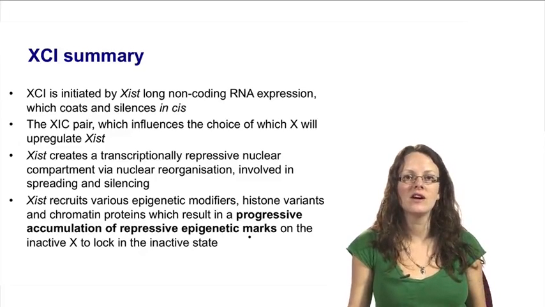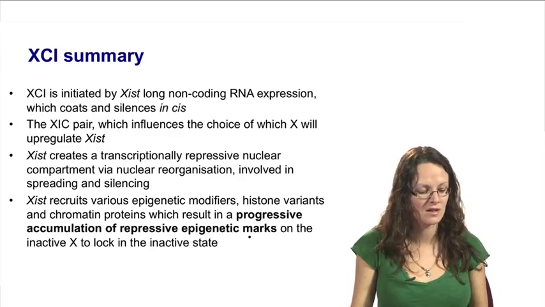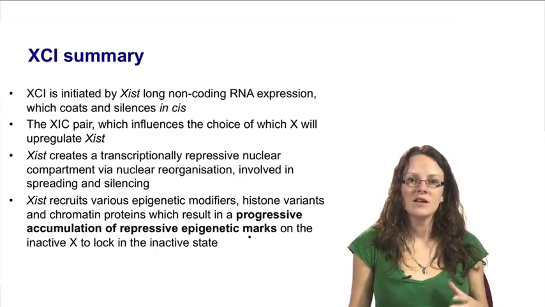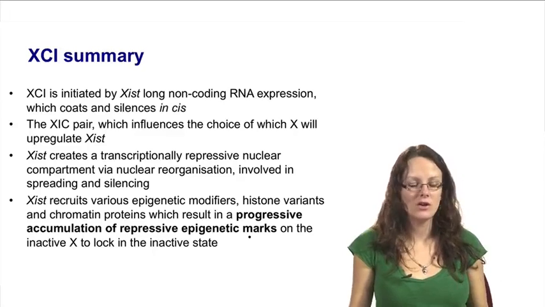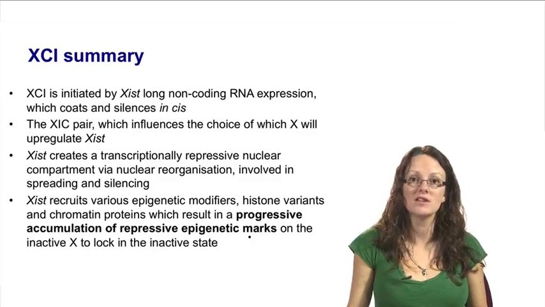This long non-coding RNA coats the inactive X chromosome in cis, so from the same chromosome from which it's expressed. We know that the X inactivation centers and the surrounding X chromosome pairing regions briefly kiss, they transiently co-localize, and this influences the choice of which X chromosome will actually go on to express EXIST and become inactive.